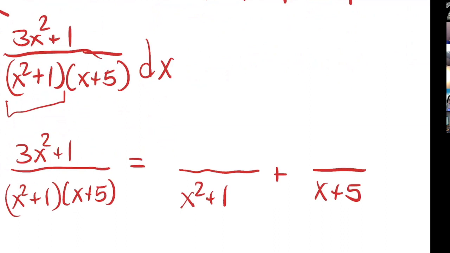I put some constant over here. I'll call that C. But you want to be careful. Over here, I don't just put A on top, but what should go on top when we have a quadratic in the bottom?